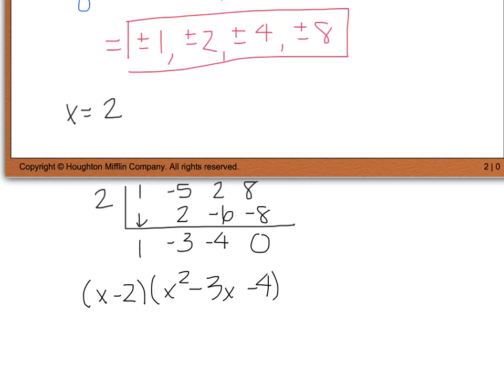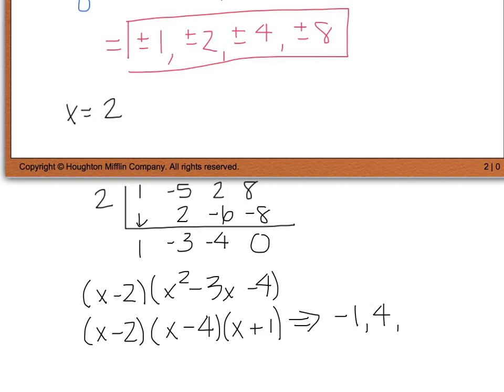So now with my factor of x minus 2, I also have x squared minus 3x minus 4. So if I factor this down, I have x minus 2 times x minus 4 times x plus 1, and that gives me rational zeros at -1, +4, and +2.